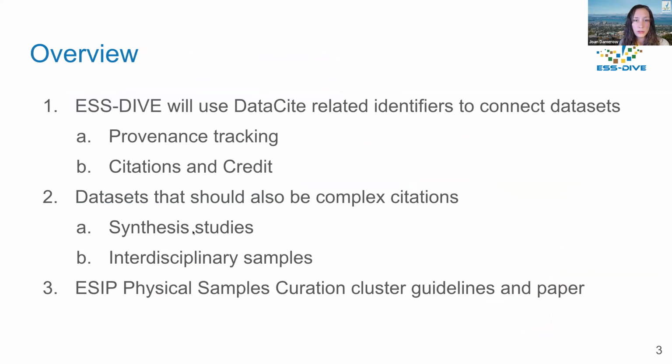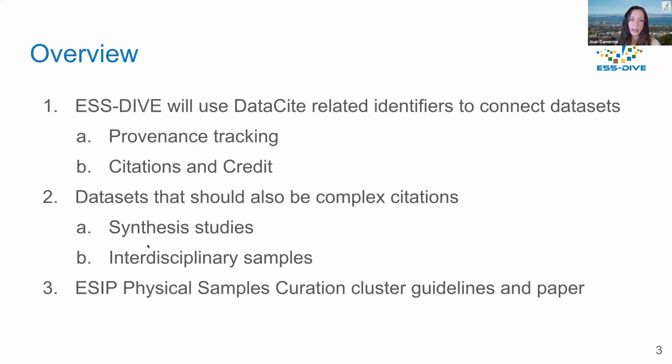And as we work through our use cases and implementing this, we did find that many of our data sets are being created for the purpose of a specific paper, and they should actually function like a complex citation. But in our case, we want both the data set and a number of individual components potentially to be included in that complex citation, which I think we can do by including all of these things into the complex citation object.